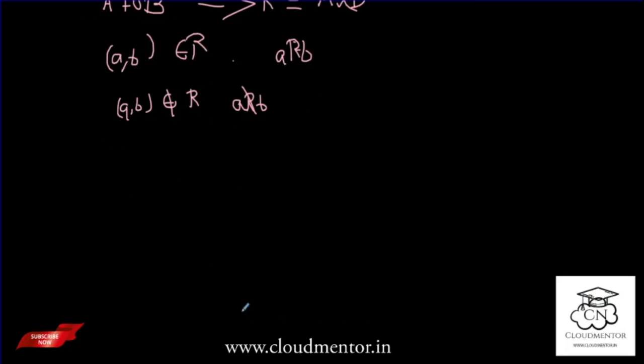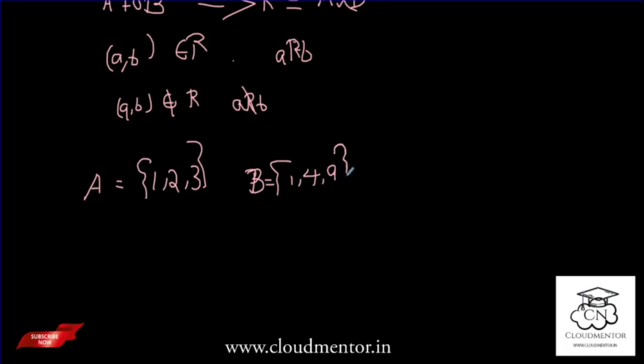For example, if R is a relation from the set A equal to set {1, 2, 3} and B equal to set {1, 4, 9}, defined as, let it be the square, in quotation, the relation is square.